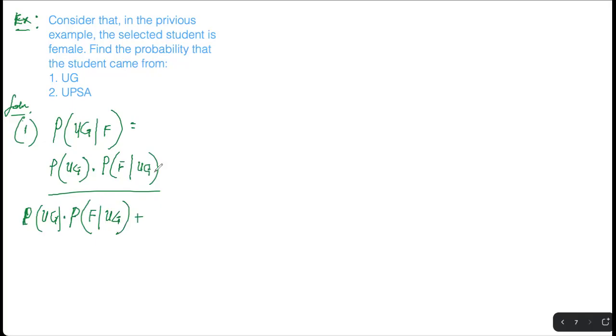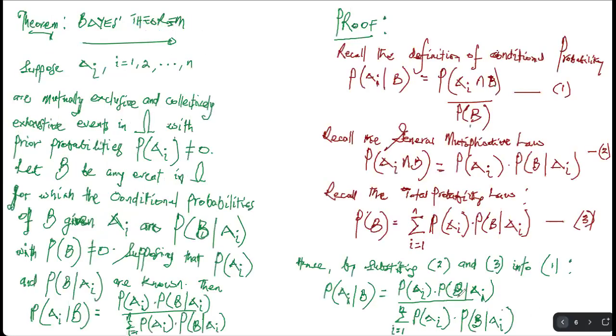So this over this, and then we sum all the various probabilities.